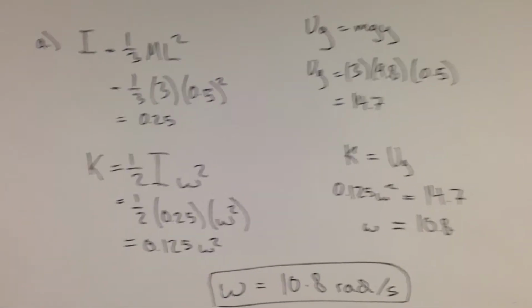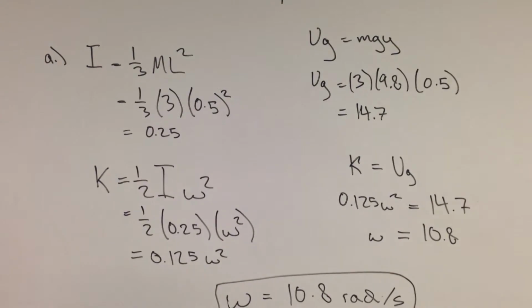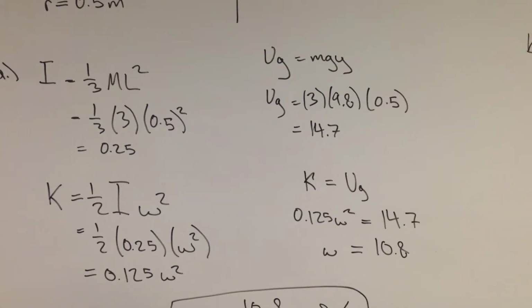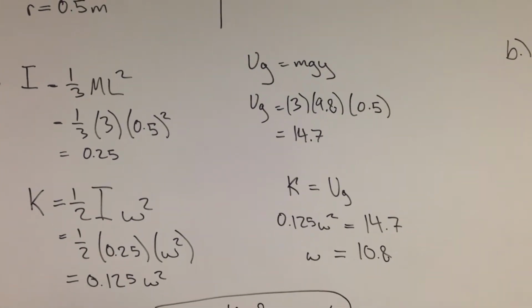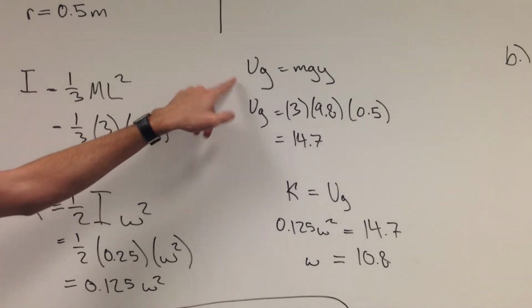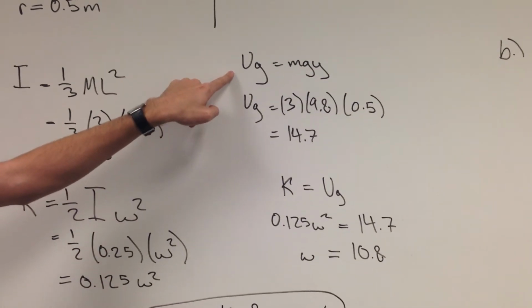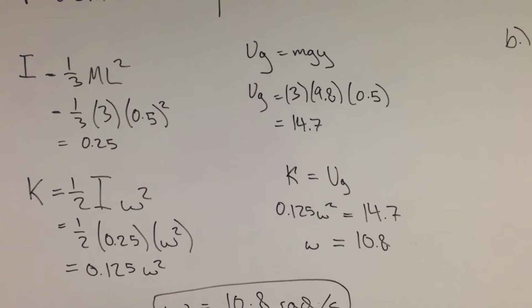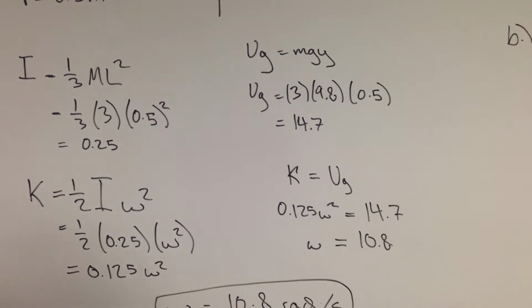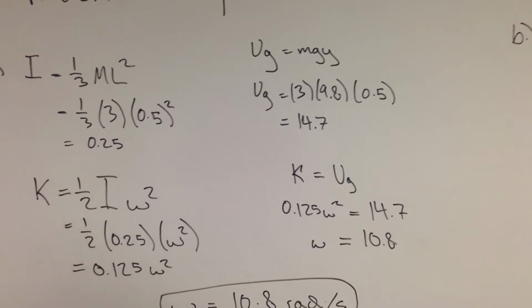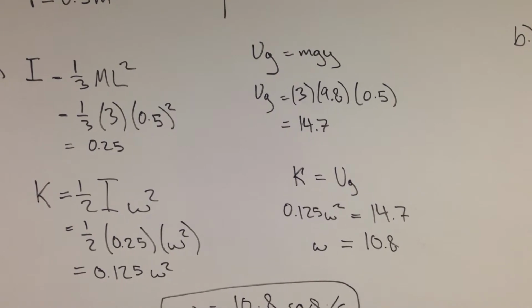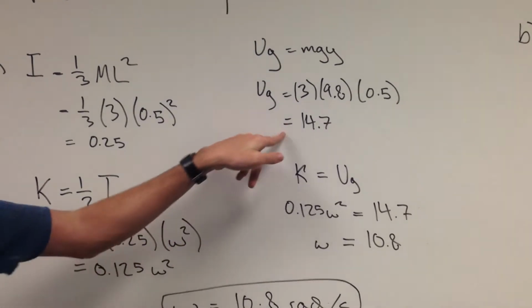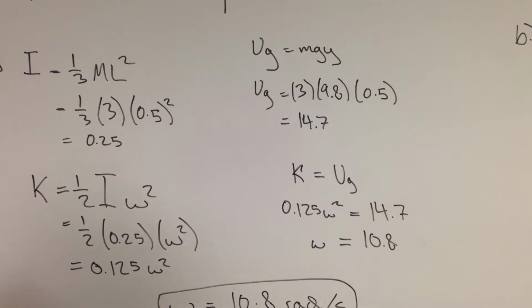And then we need to find its total kinetic energy, which will be equal to the gravitational potential energy, and that's mass times the acceleration of gravity times its height. And then we get that is equal to 14.7 joules.